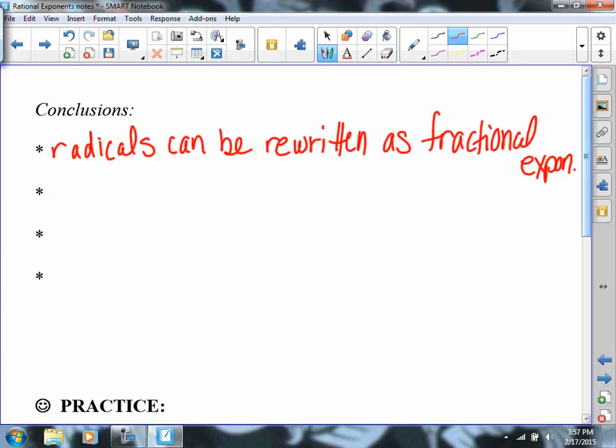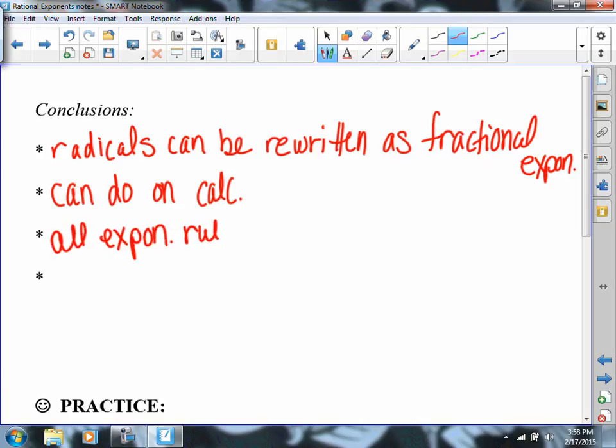Okay. We can also do these on our calculator, which is good. All the rules for exponents still apply. So all those exponent rules for whole number exponents still apply to the fractional exponents.